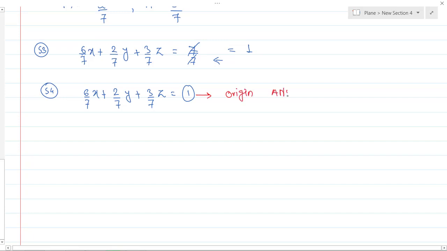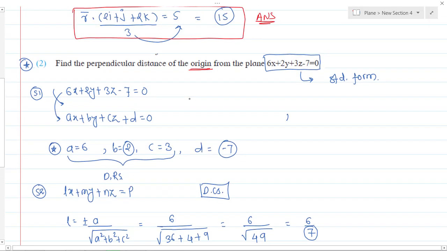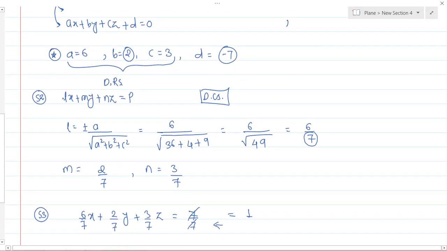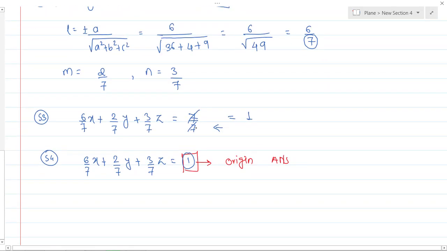This is the only thing they have asked: what is the perpendicular distance of the origin from the plane? So you get this from the equation Lx plus My plus Nz. Please understand why we have divided by 7 again. Very good. I have already solved detailed questions in the exercises. This is just a revision of the whole topic.